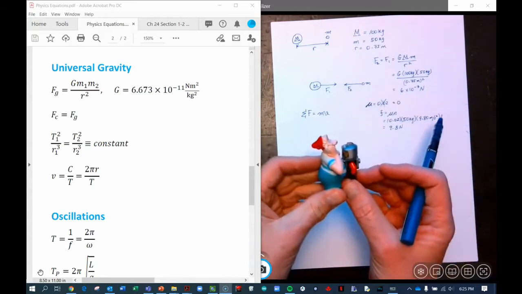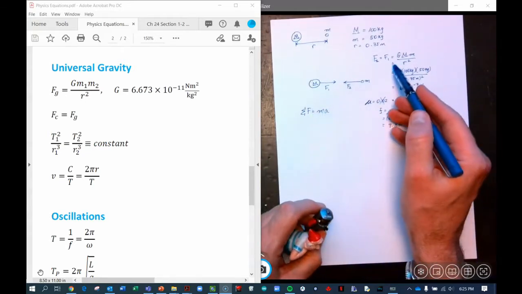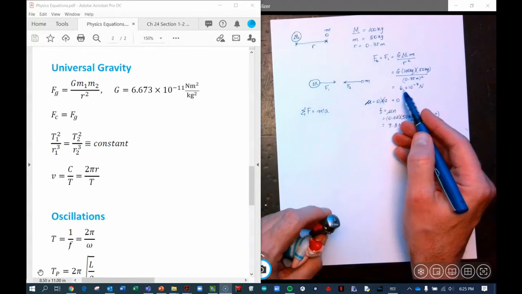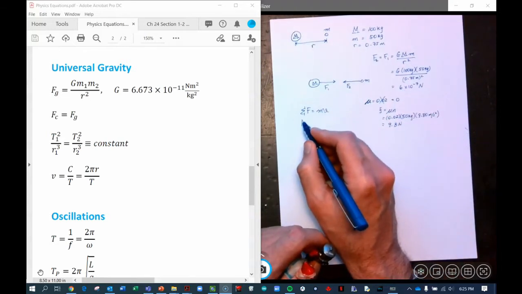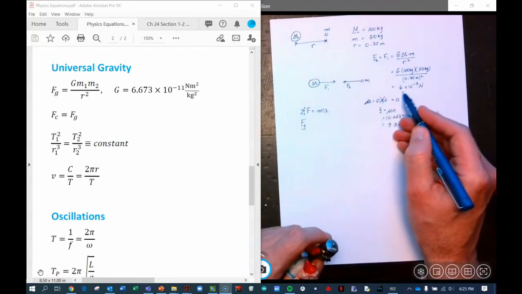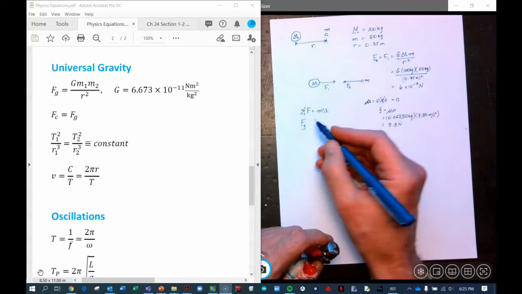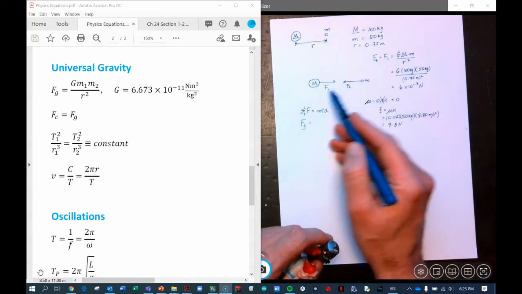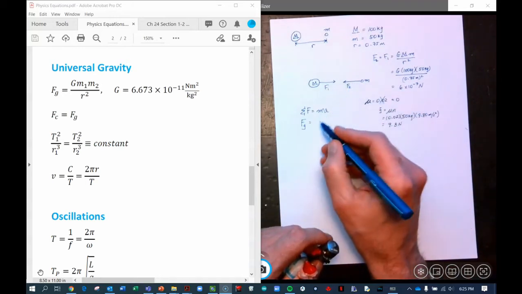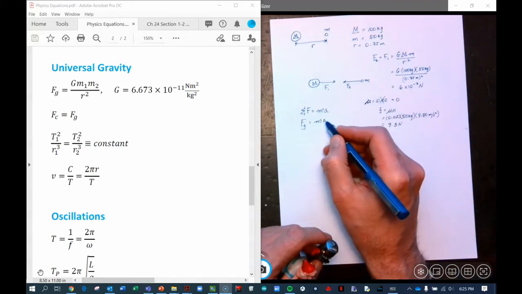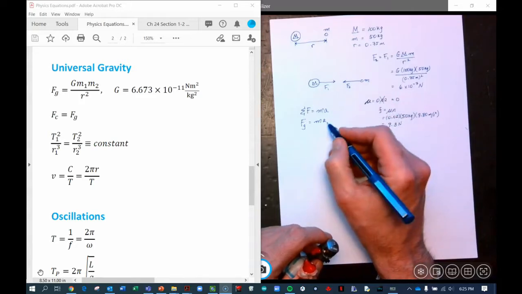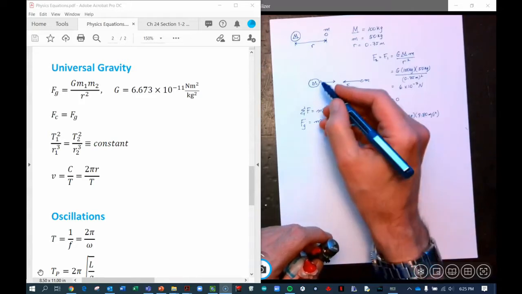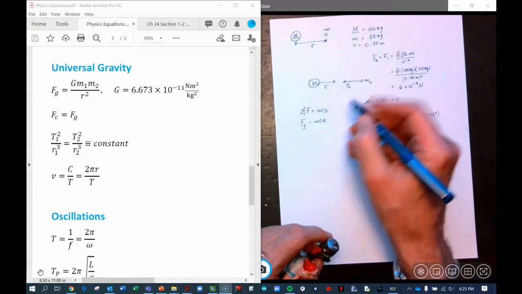That would be the force of gravity, which is my 6 times 10 to the minus 7 newtons. And that's going to be the same for both masses, right? We talked about that. That's going to equal M A. And I'm going to call it M2 A2. If you want, we can label this as 1 and 2.